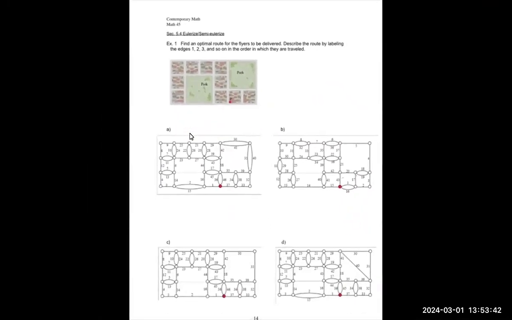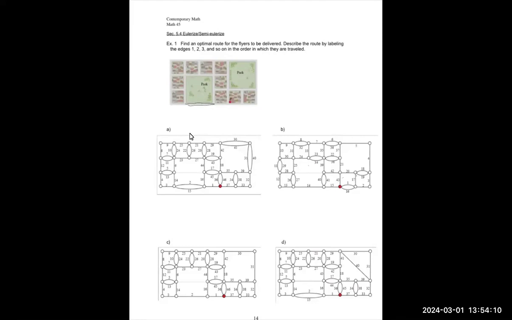They say here, find an optimal route for the flyers to be delivered. Describe the routes by labeling the edges 1, 2, 3, and so on in the order in which they are traveled. So I noticed with this problem that they actually have this street in the graph.